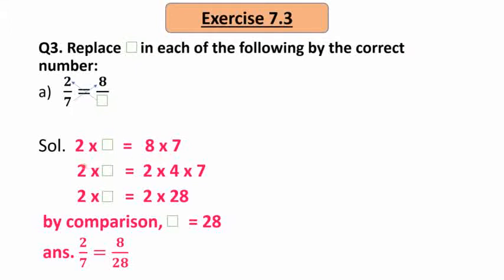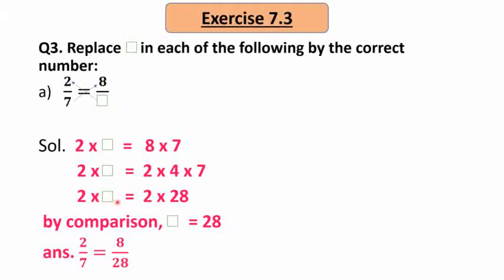Now again, 2 into this box is there, and you can see here 8, we can write it as 2 into 4. So 2 into 4 is equal to 8. We have replaced 8 by 2 into 4, and this 7 is multiplied here again. Now you can see here, children, 2 into this box is written the same way as in the above steps.